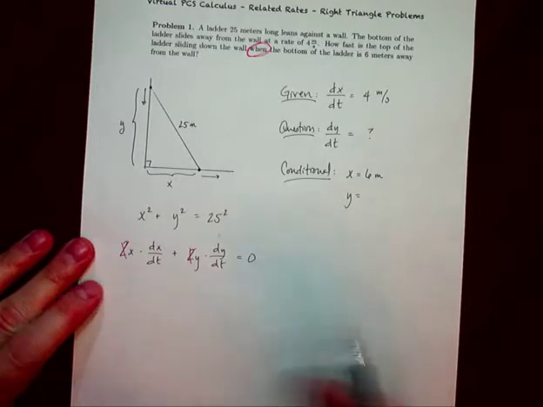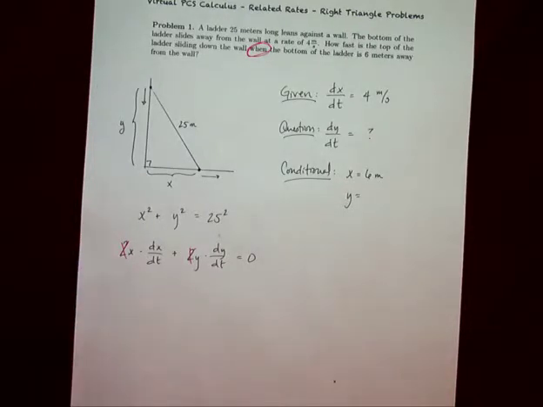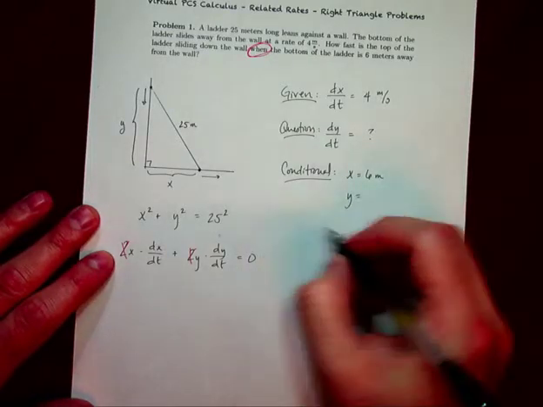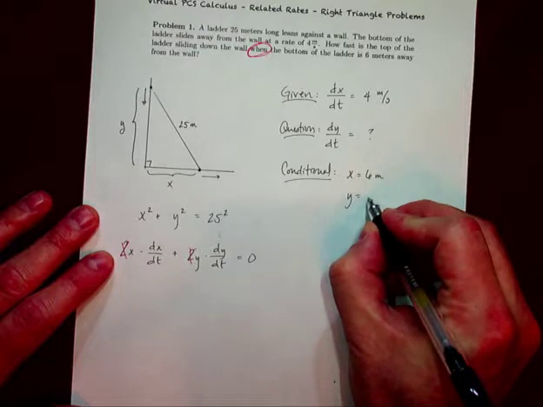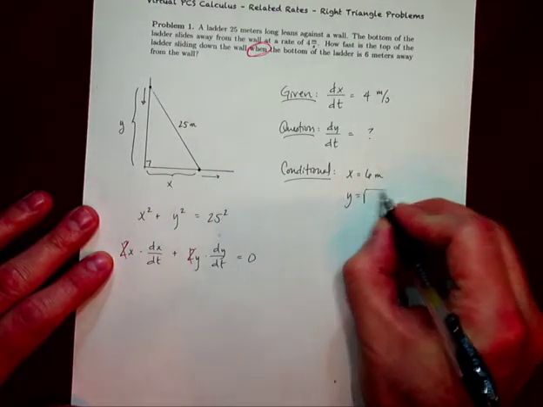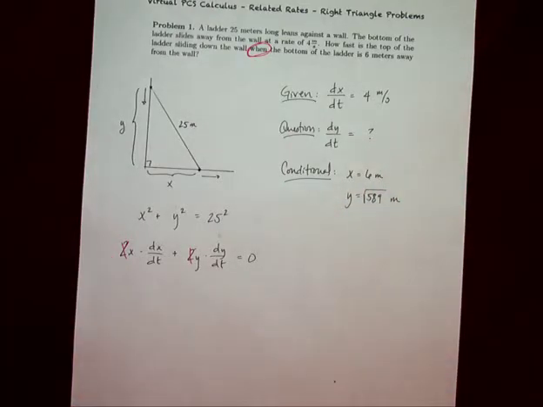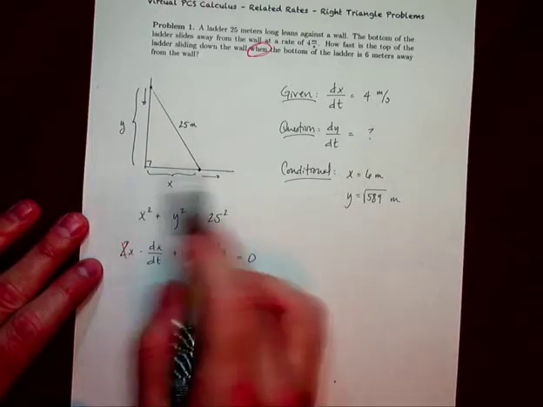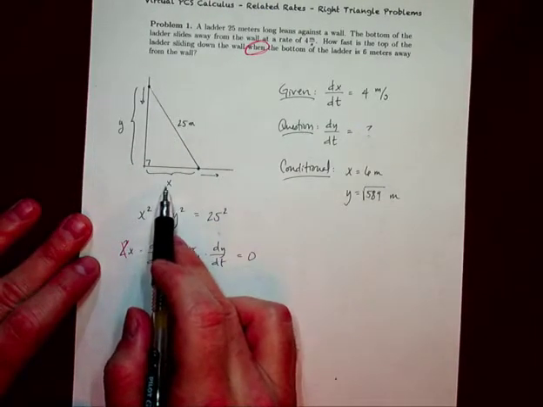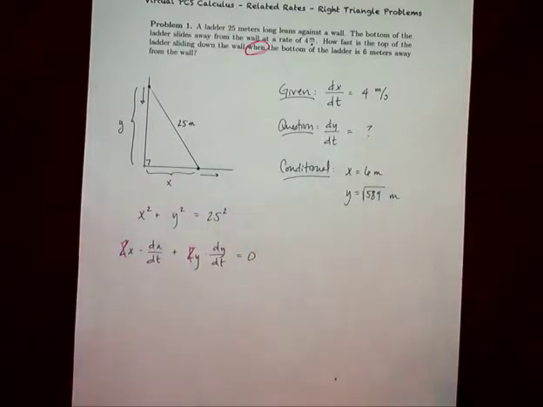And you just use the Pythagorean Theorem, and of course 25 squared is 625. And when you do the Pythagorean Theorem with the 25 and the 6, you get y is equal to the square root of 589. Unfortunately, oftentimes when you're given something like this, they'll use Pythagorean triples, right?